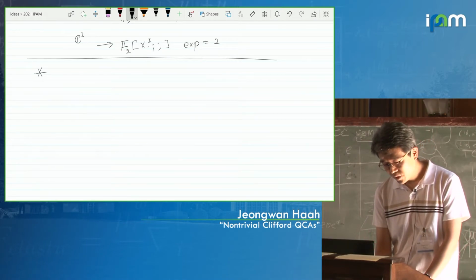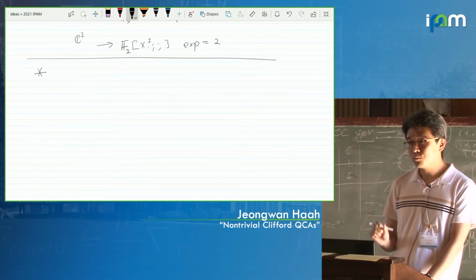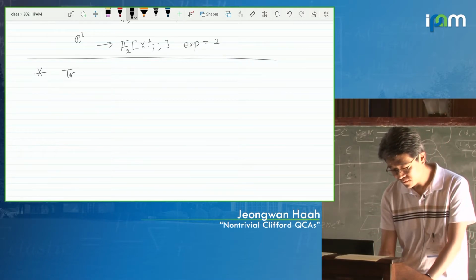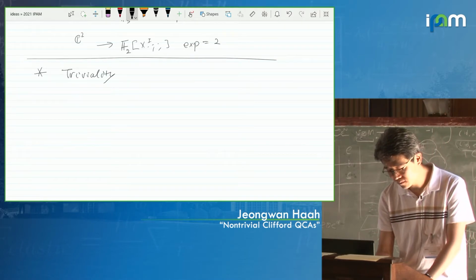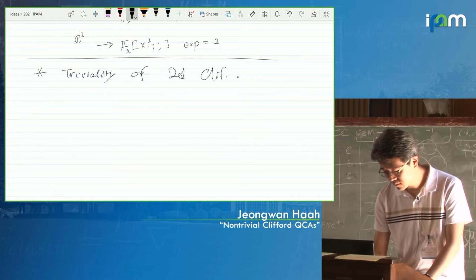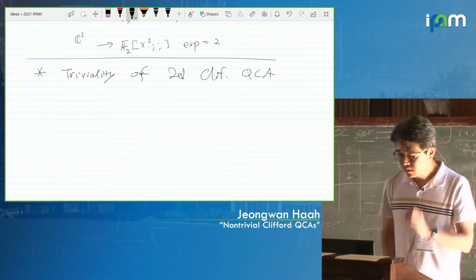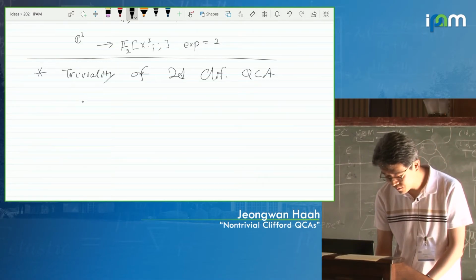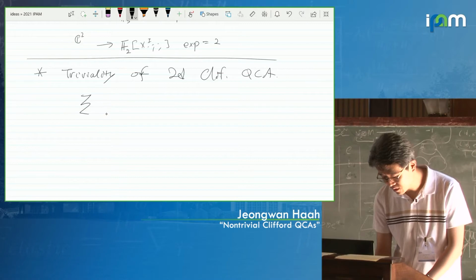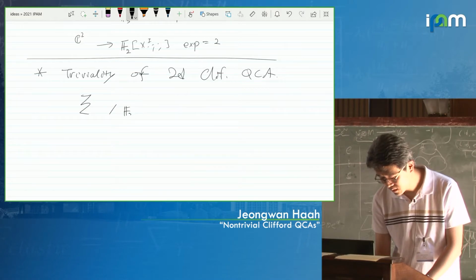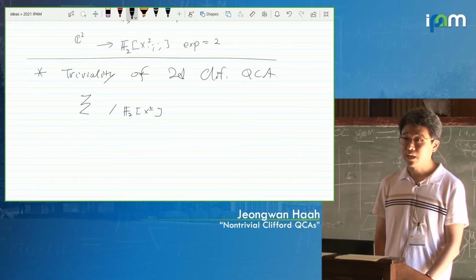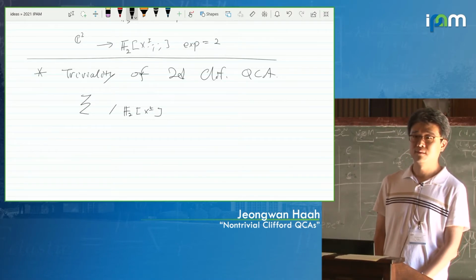So we look at the anti-Hermitian form over just one variable, and I claim that they're all trivial.